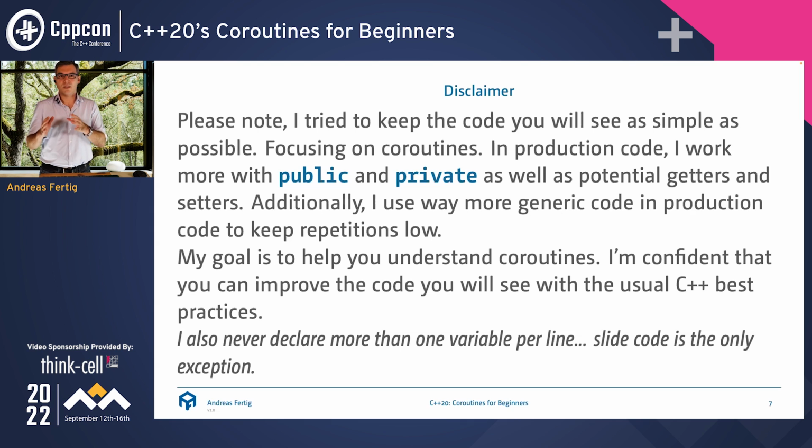A lot of these things we are seeing now yell templates to me, to keep the repetition low and to have reusability and all that, but I decided to remove the template part because it distracts here and makes reading and following harder for this talk. But the goal here is to help you understand coroutines, and I'm really confident that you can improve the code you will see using the usual C++ best practices. I have no doubt about that.